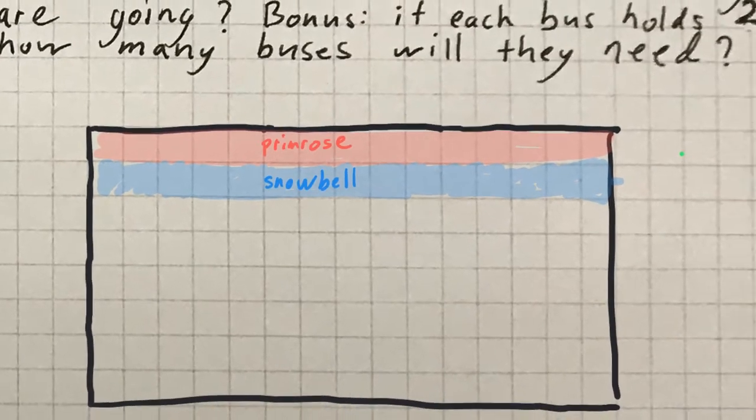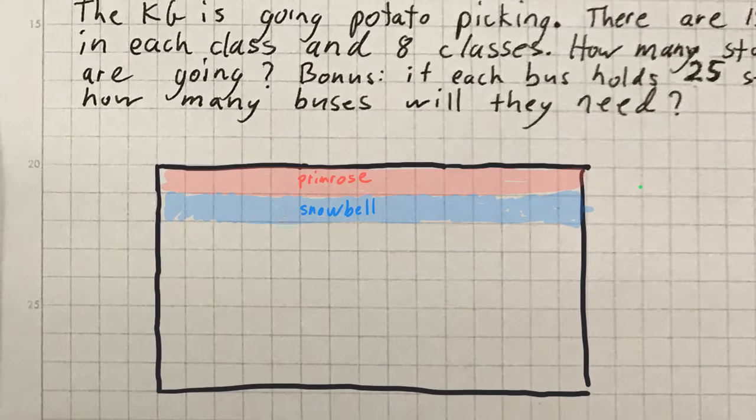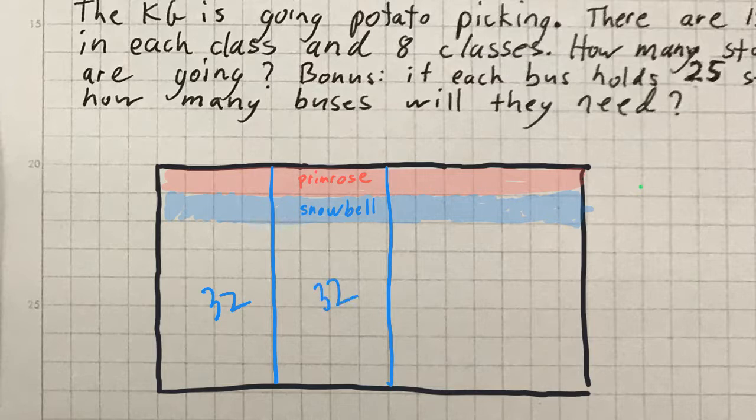You could split up this rectangle into smaller parts to make it easy. I know 8 times 4 pretty well. That's going to be 32. And then this one's going to be 32. I could do it like that and see what they all add up to. I could just do the partial products. So 8 times 10 would give me 80. And then what's left.